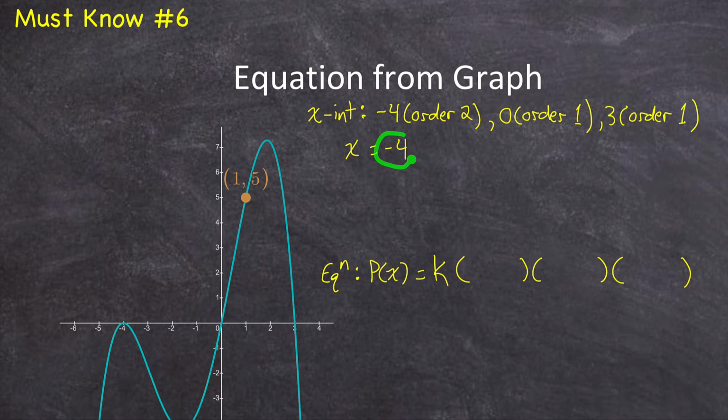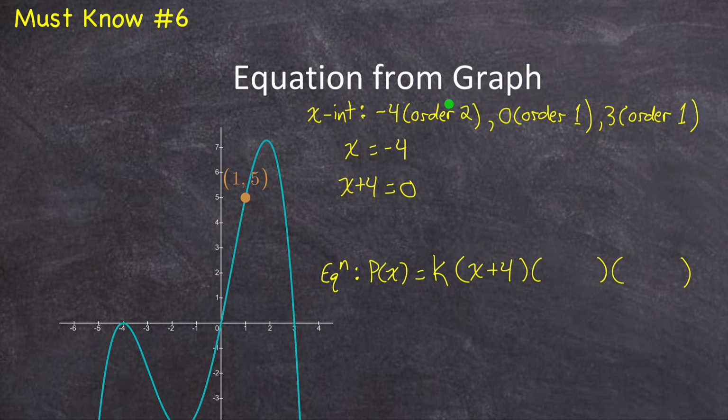To figure that out, let's reset it back to 0 by moving the negative 4 to the other side. And I figure out if the factor was x plus 4 equal to 0, that would be true if x was negative 4. So x plus 4 must be a factor in my equation.